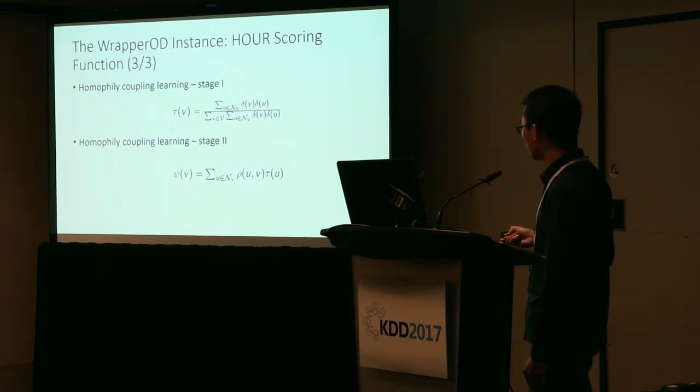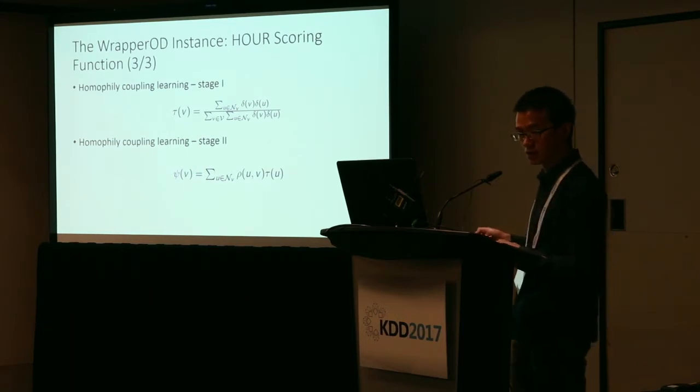This is the value outlierness of U. This row is the pointwise mutual information between U and V, which means the more correlated V is to U, the more influence U's value outlierness has on V. So if V is accompanied by a lot of highly outlying values, V's outlierness will be very high.